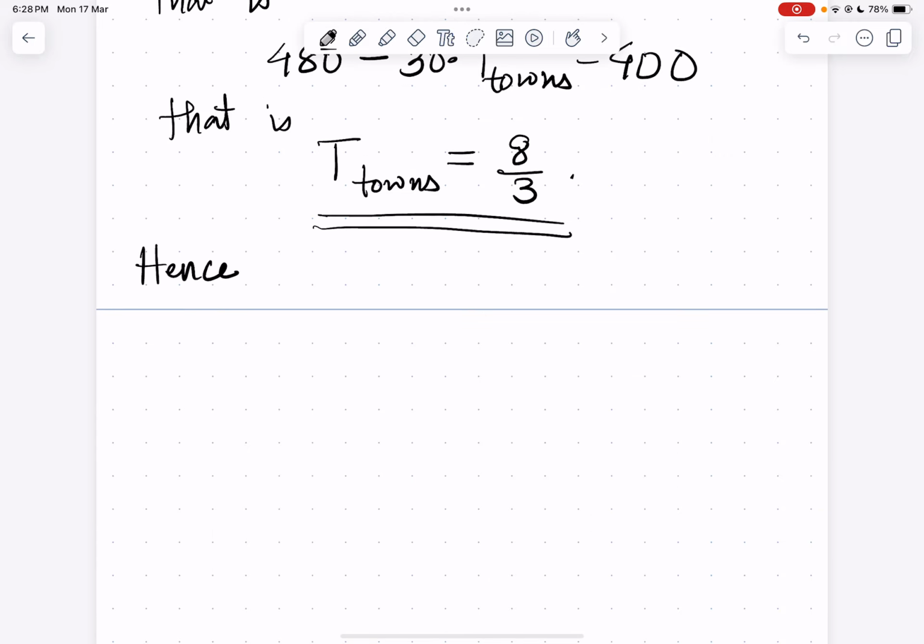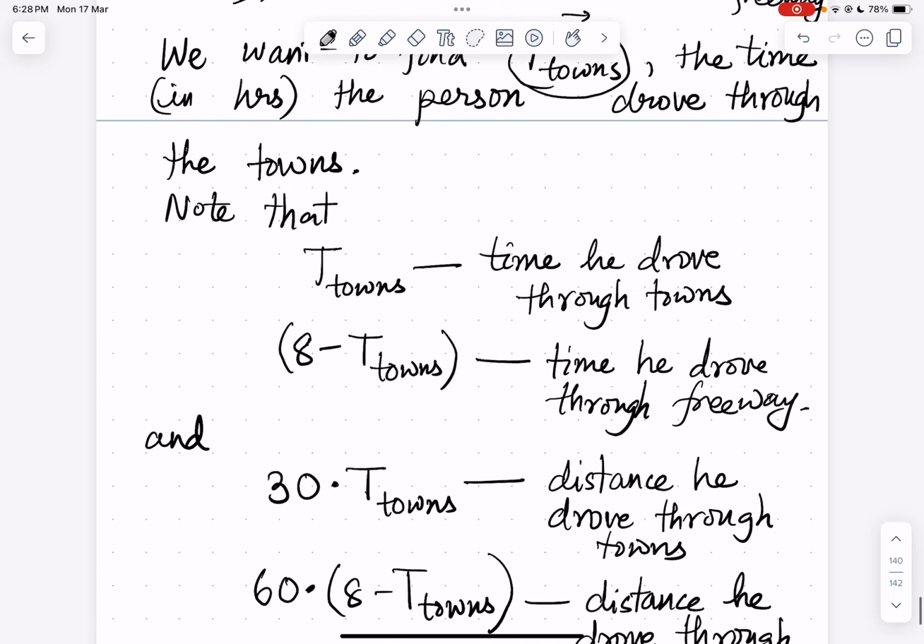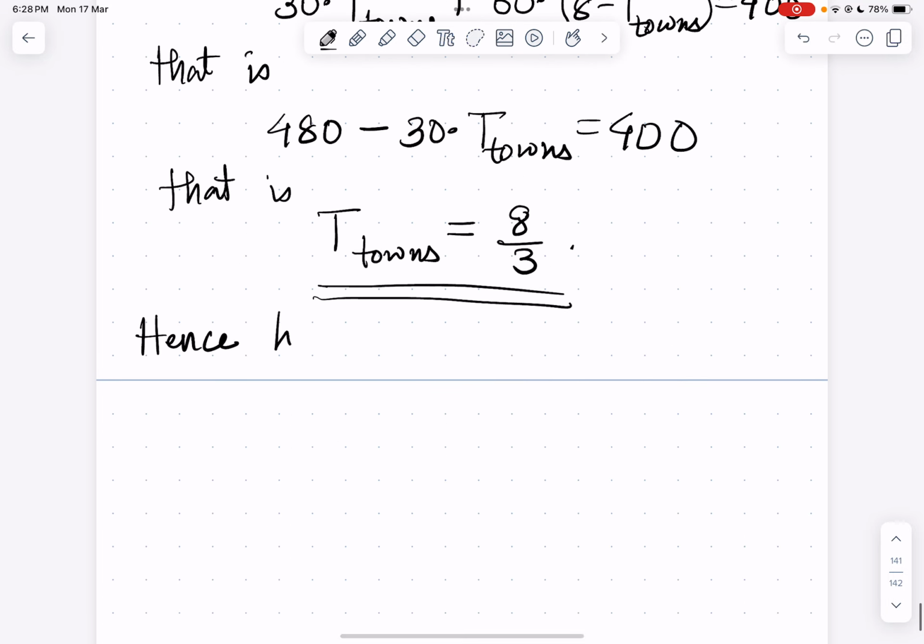So t towns is in hours, right? Hence he drove for 8 by 3 hours through the towns.